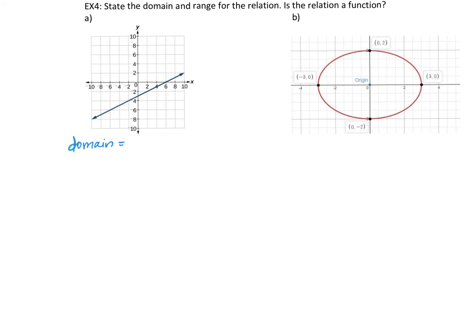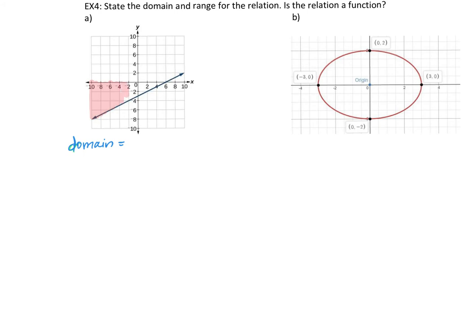The x-axis goes from left to right. So if I pick any point on the x-axis, let's just say -10, does it correspond to some point on this graph? Yes. So if I go from left to right, and all the x values correspond to a point on the graph, then that x value is in the domain.